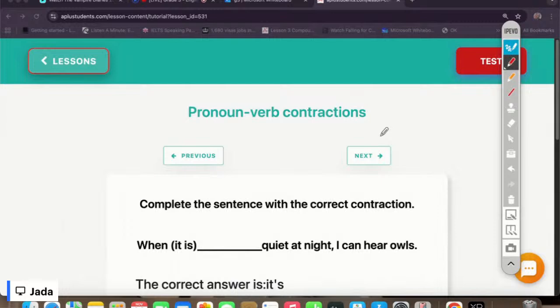So we have here complete the sentence with the correct contraction. When it is quiet at night, I can hear owls. So we have it is. So tell me, what's the contraction of it is? What do you think is the contraction of it is? Tell me.